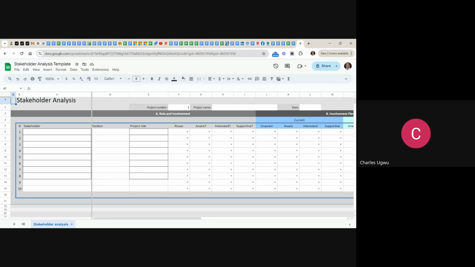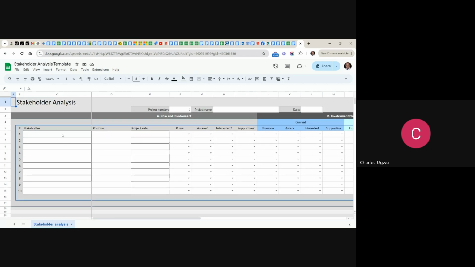You see here, this is where you capture the name, the position in the organization, the role, and the power. You capture their level of awareness. Are they aware of what you are doing? Are they interested? Are they supportive?